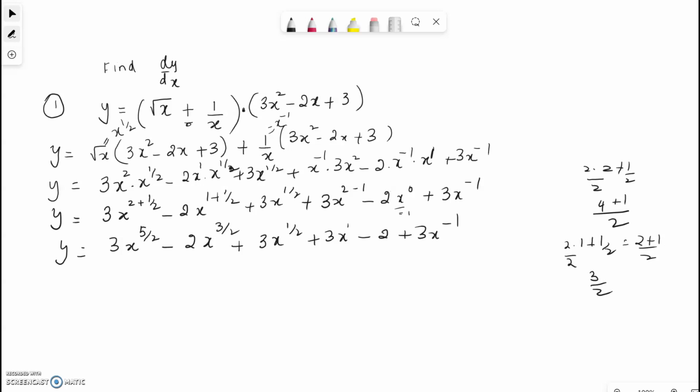So we're done with multiplication. Now we're just going to differentiate it. The algebra can be quicker if you get practice. It shouldn't really take that many steps, but I'm explaining every little thing here.